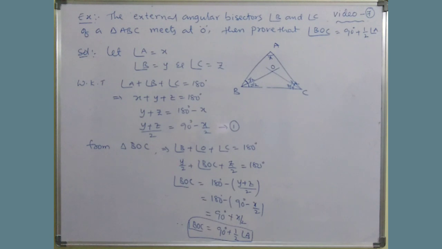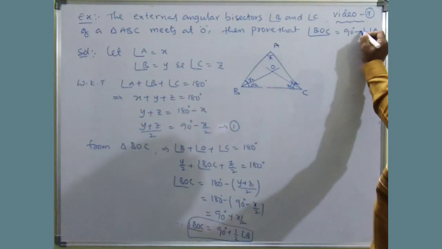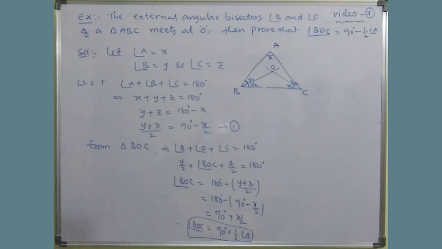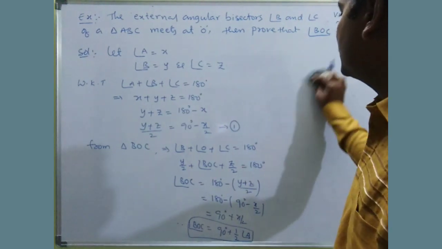Then prove that angle BOC is equal to, earlier 90 plus, now 90 minus half of angle A. So this time we are concerned with the external angular bisectors.